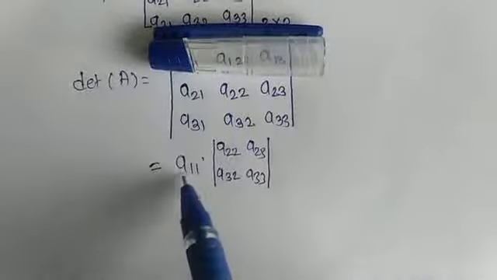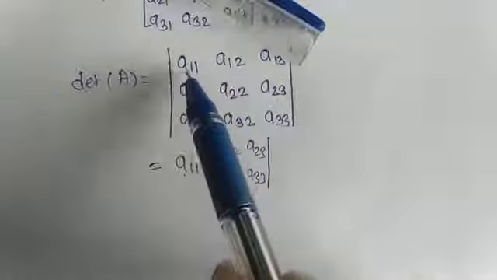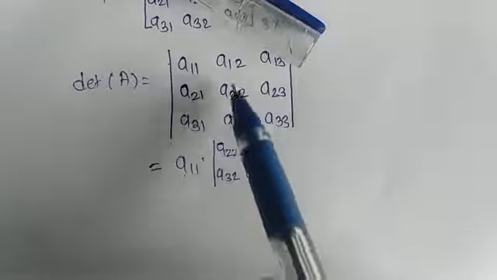So we multiply A11 with the remaining terms.